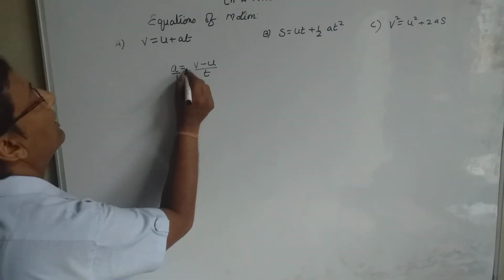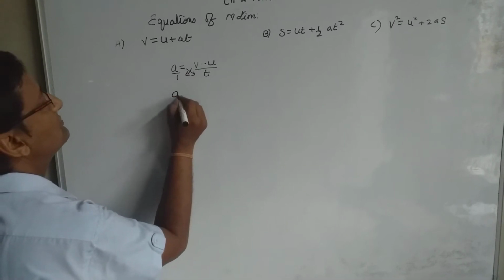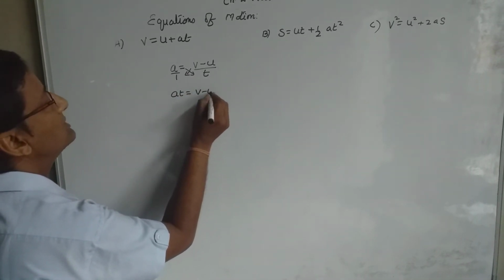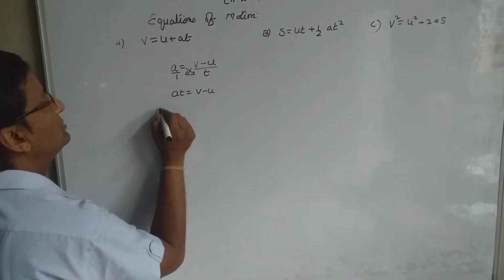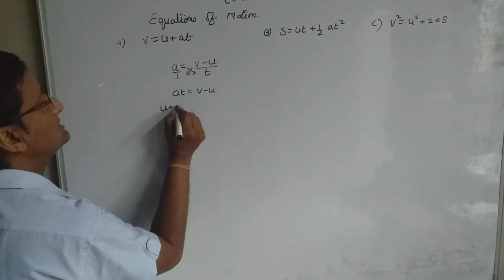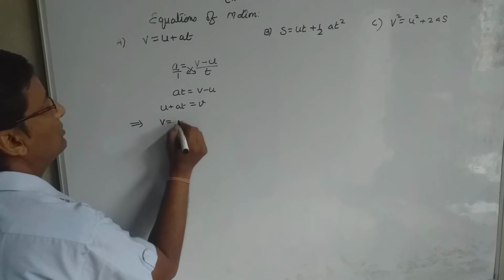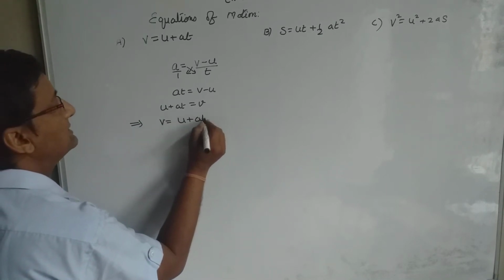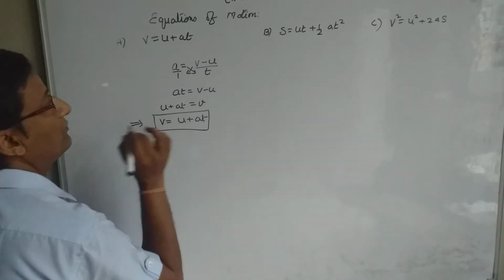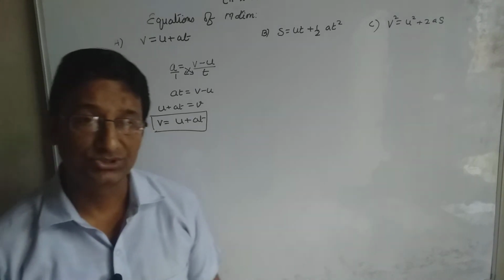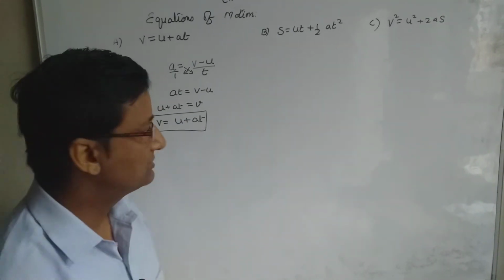Now cross multiply. So this will become AT equals V minus U. Take U this side, this will become U plus AT equals V. This implies that V equals U plus AT. This is your first equation of motion.